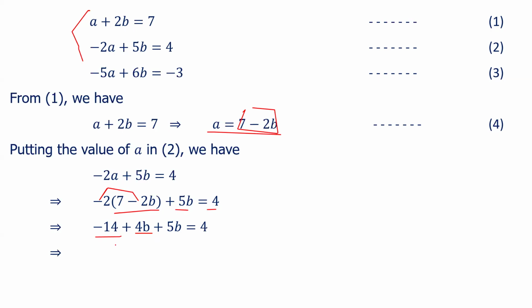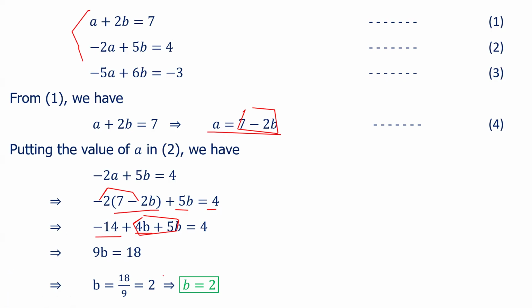Now if we simplify it, 4b plus 5b is 9b. Minus 14 goes to this side and it becomes 4 + 14 = 18, which gives b = 18/9 = 2. So b is equal to 2. This is the value of b.